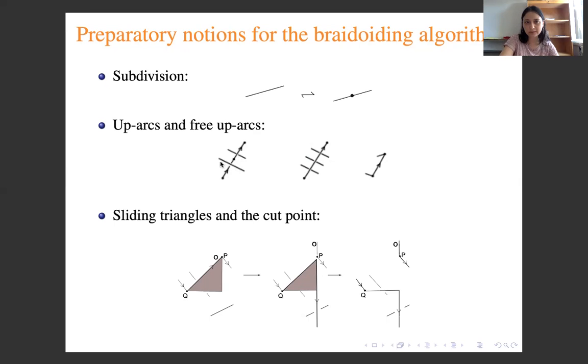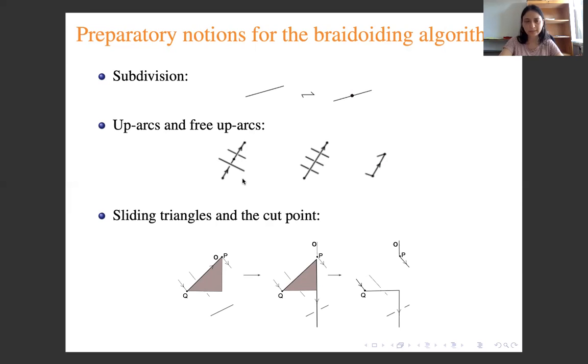Here I put a note so that we have two smaller up arcs, one containing just the over crossing and the other containing just the under crossing. For the second instance of the picture, we have just under crossing, so it's not a problem, this subdivision. And also, after doing the subdivision, we will label our up arcs with O or U, depending on the crossing type that they contain.